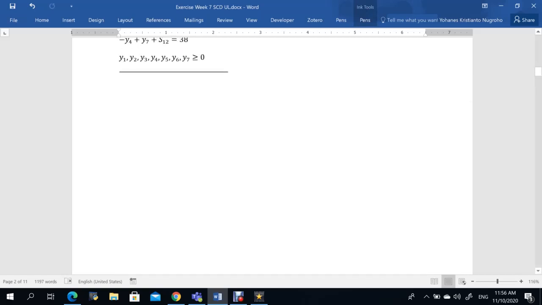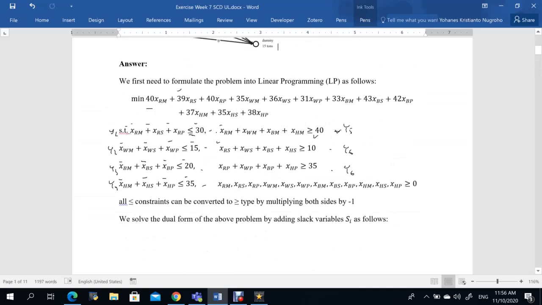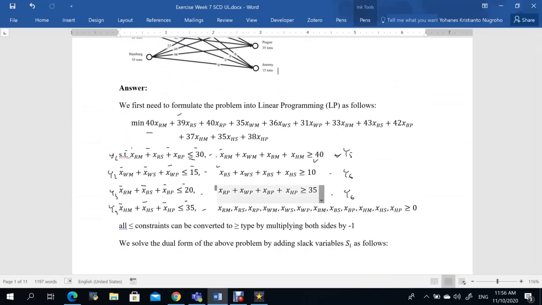So for instance, in this case, in our primal, we have xRM plus xRS plus xRP less than or equal to 30. It is called an inequality constraint. And in order to convert into an equality constraint, we have to add something. It's called slack variables. Similarly, for the dual problem, we also have slack variables.